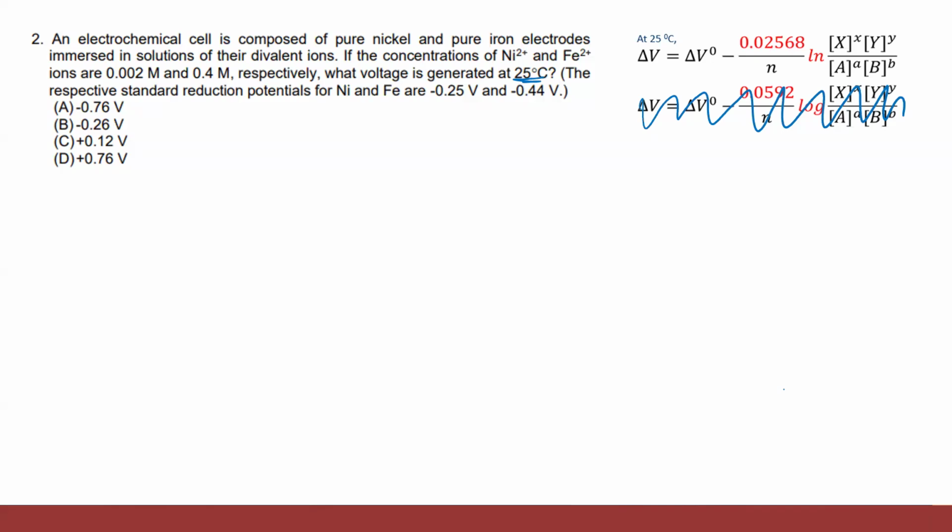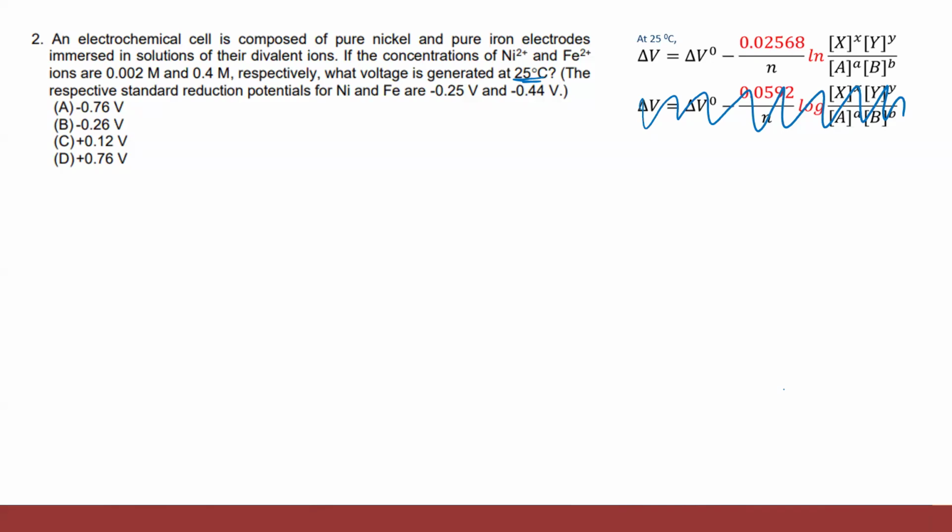Okay, here. How are you going with this one? An electrochemical cell is composed of pure nickel and pure iron electrodes immersed in a solution of their divalent ions. If the concentrations of nickel and iron are like this, respectively, what voltage is generated at 25 degrees Celsius?